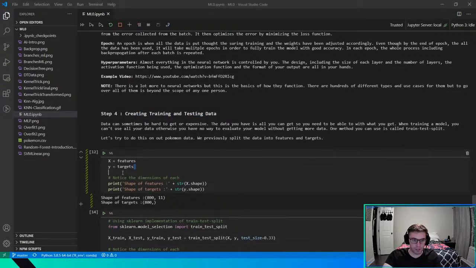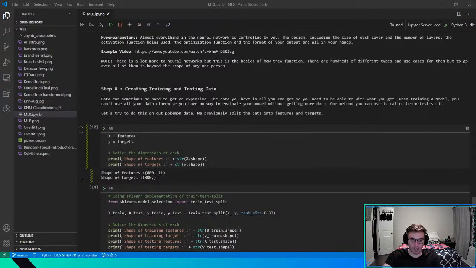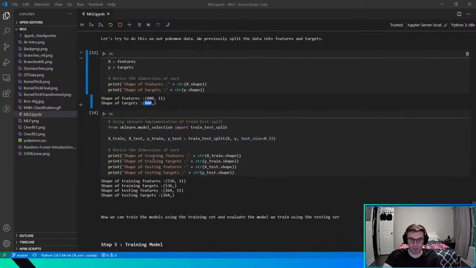So previously we had the targets, which was legendary or not, and the features, which was HP and those kinds of things, where we have 800 samples and 11 different columns. Our target is just 800 yes or no values, legendary or not. From scikit-learn, I don't want to code today, we'll go over this again in ML0.